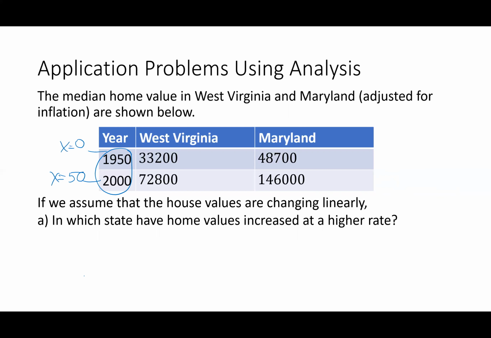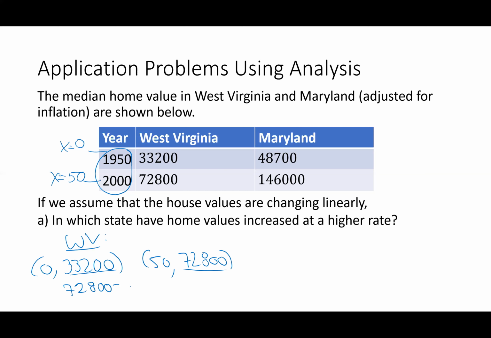Okay, so let's do West Virginia first. So for West Virginia, what we really have are two coordinate pairs, 0, 3,200, and 50, 72,800. So we're going to use the slope formula to figure out our rate. So y2 minus y1 divided by x2 minus x1.